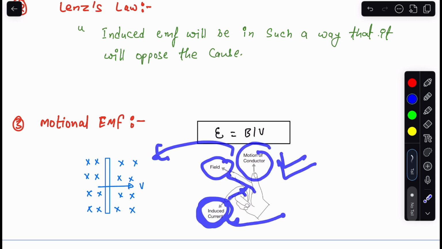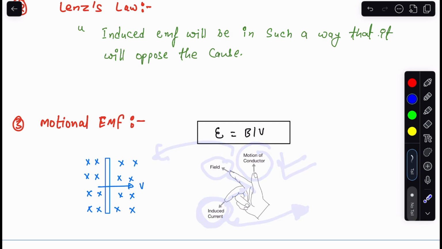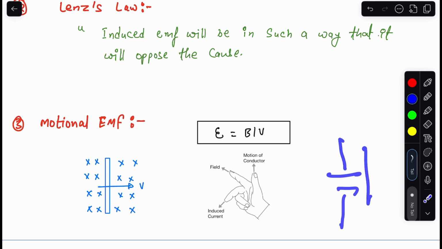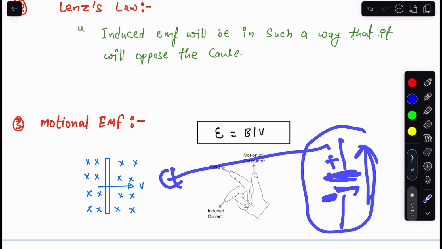Many times, instead of the induced current, we can just have the battery. So the direction of the induced current is like you have the positive side there. Here if you do the calculation, the induced current will be like this. So the upper side will be a positive terminal and the lower side will be behaving like a negative terminal of a battery, if this is going to behave like a battery.